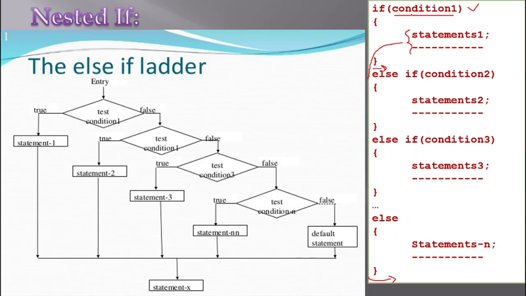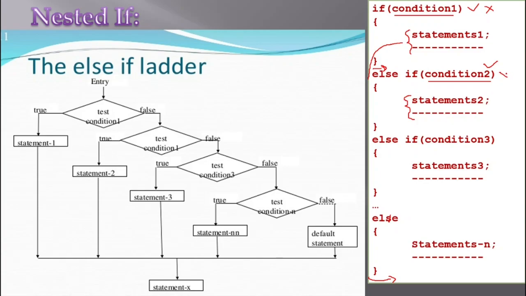Let me come back to the discussion: if condition 1 is true, then this will run, and it is going to ignore all the other parts. If condition 1 is false, then the control comes to condition 2 and checks whether it is true. If it is true, then this will be executed, and the remaining parts up to else will be ignored. They are not going to run at all.